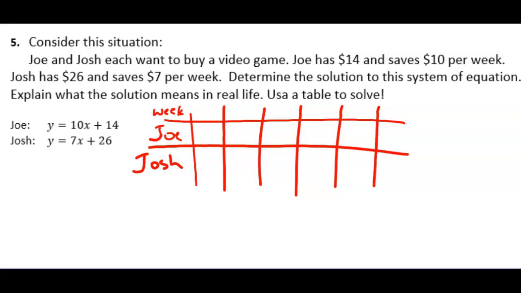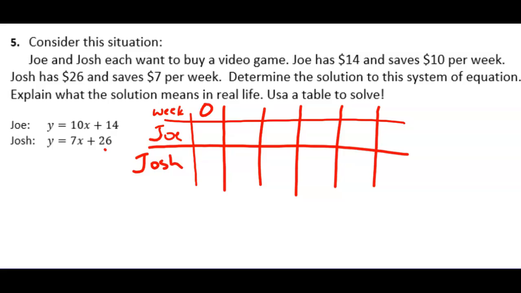Joe has $14 and he saves $10 per week. So he starts with 14 and he saves $10 per week. Josh starts with $26 and he saves $7 per week. What's the solution to the system of equations?